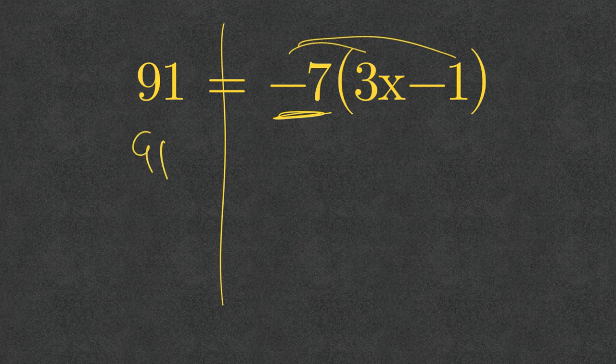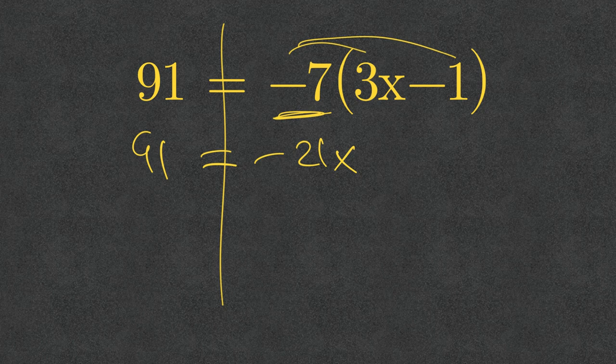Here's my 91 equals. Guys, what is negative 7 times 3x? Negative 21x. Outstanding. What is negative 7 times negative 1?